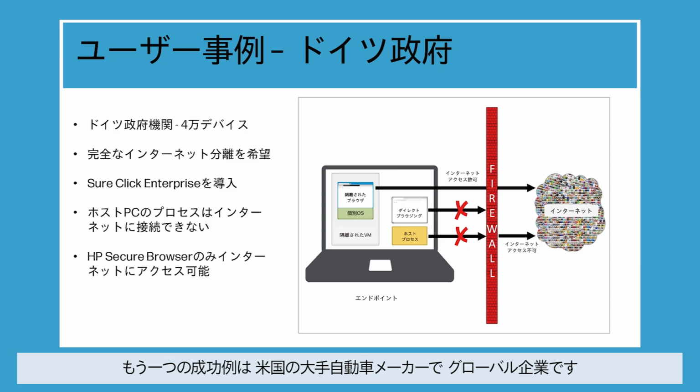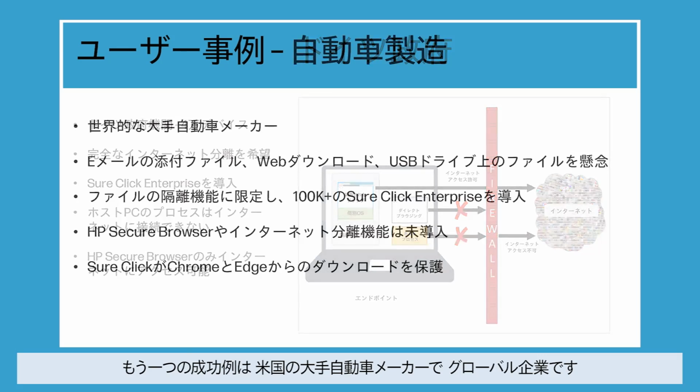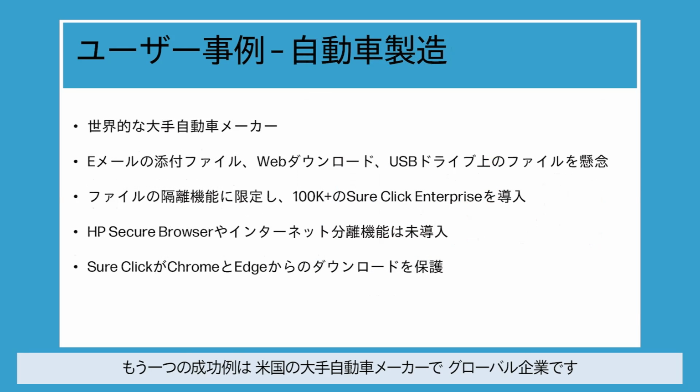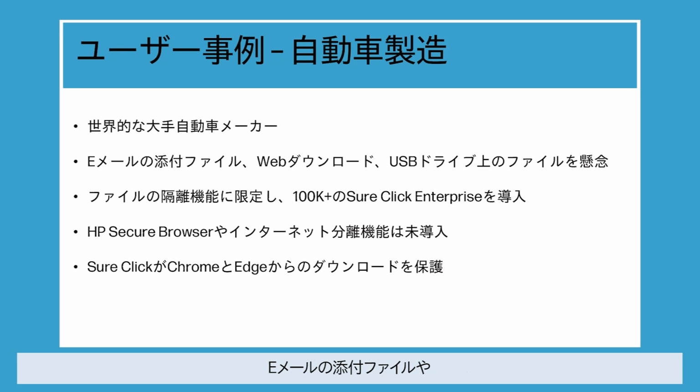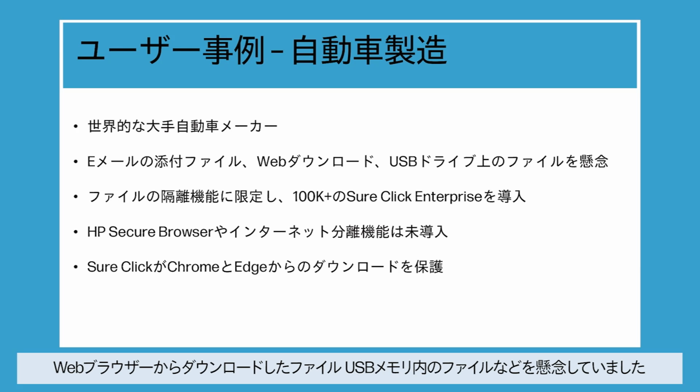Another success story that we have is a US large auto manufacturer, global company. And they were concerned not about isolating the web browser activity, but really concerned most about email attachments, files downloaded from the web browser, and files contained on USB drives.